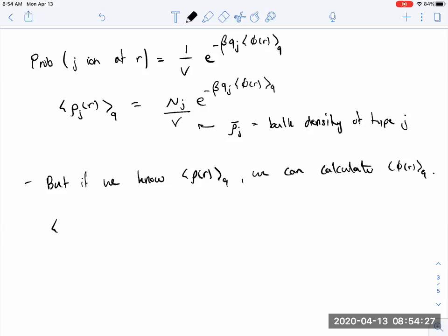Specifically, the average electrostatic potential at R due to a charge at the origin.